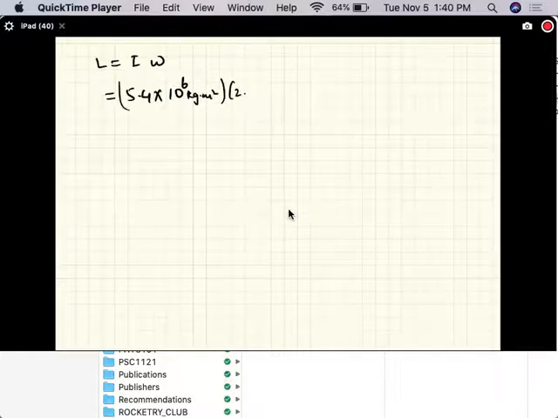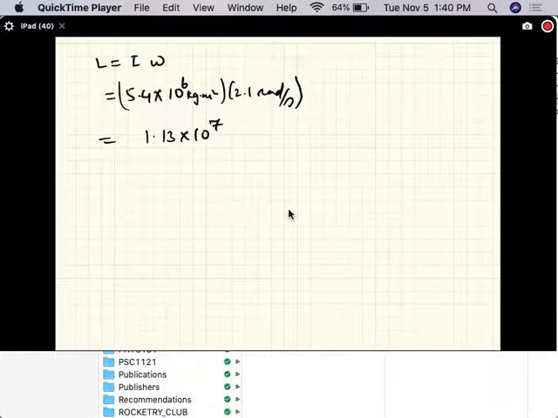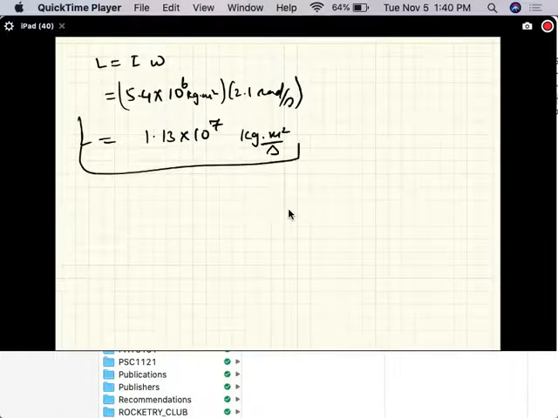And omega was 2.1 radians per second. Okay, so there's the angular momentum.